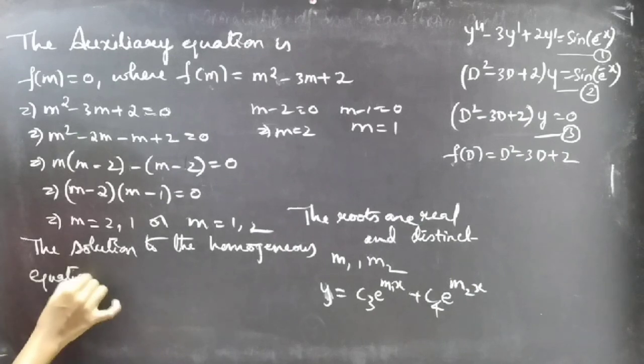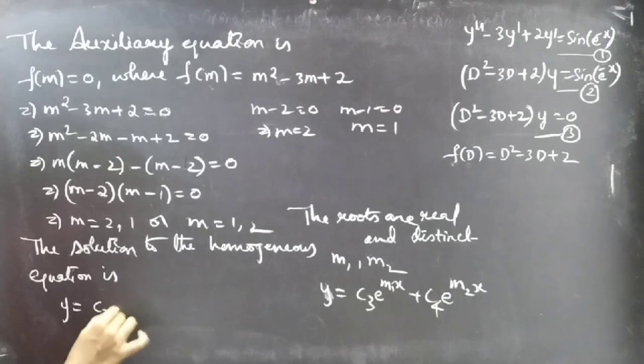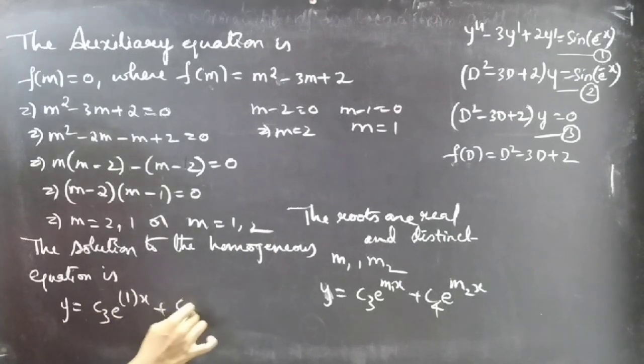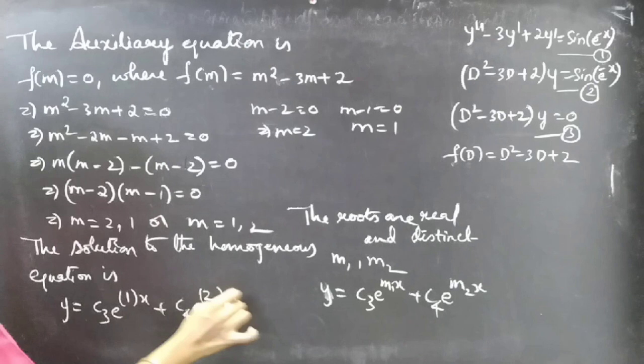The solution to the homogeneous equation is given by y equal to one constant into e power one root into x plus another constant into e power another root into x.